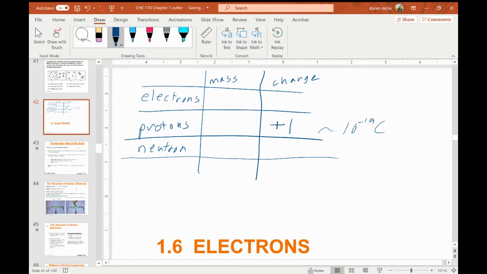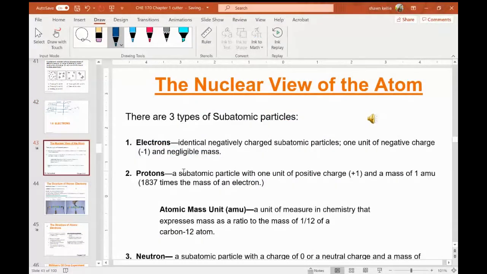We also played fast and loose when it comes to mass for protons. We created a unit known as the atomic mass unit. We created a unit, the atomic mass unit, to allow the proton to have a mass of 1.